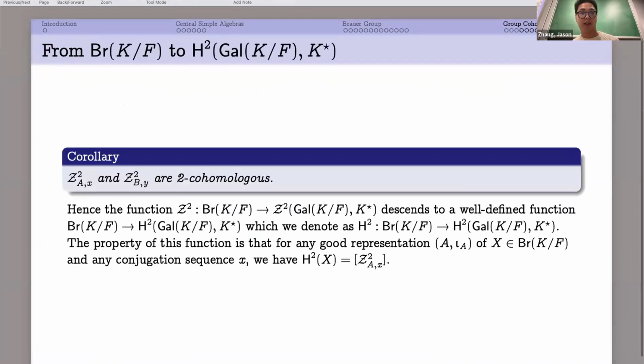So now we have a well-defined function from the relative Brauer group to the two cocycles, and it descends to a function into the second cohomology. We can do the calculation: the result of X, for any arbitrary good representation and any arbitrary conjugation sequence, is just the equivalence class of Z of X.